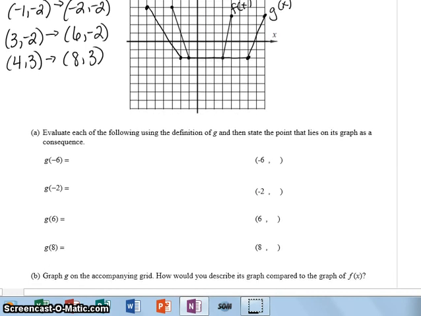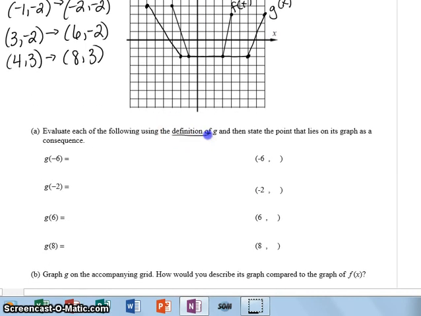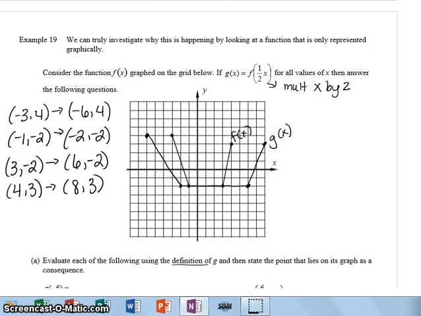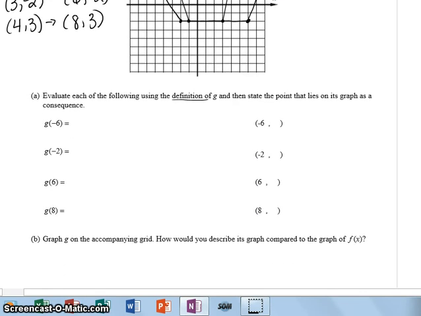All right. Evaluate each of the following by using the definition. So basically, g's definition. If you go back up top, they told us it's f of half of that x. So whatever they tell you g is, you take half of it in the f function. Okay? So what does that mean? I'm going to find f of negative 3.